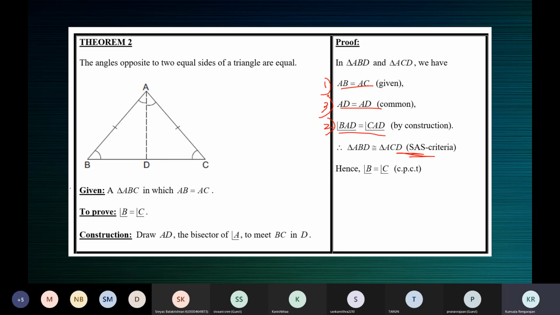So here, after the construction, we have to analyze what do we have in this triangle. This side is equal to this side. So we have one pair of equal sides. Then we have this angle equal to this angle. So we have one pair of equal angles. And then this is a common side. So we have two pairs of equal sides, and this angle happens to be the included angle in both the triangles.